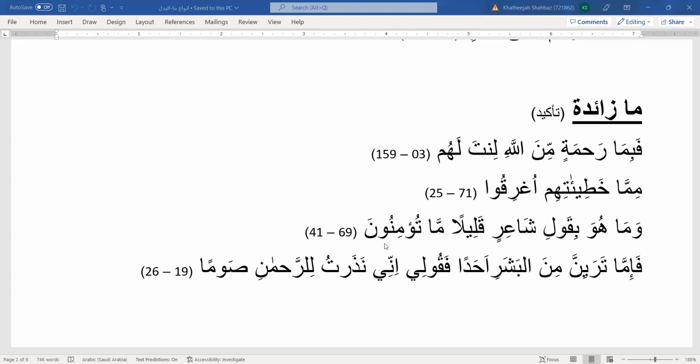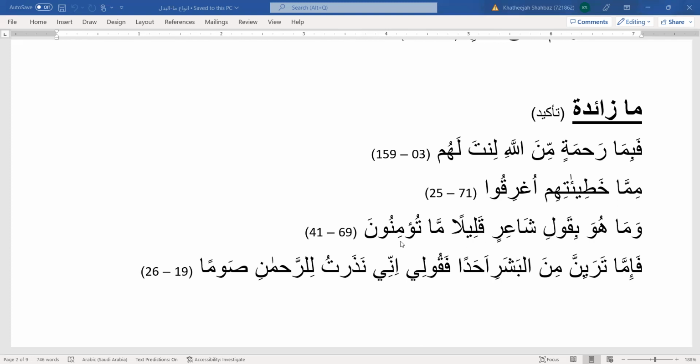Qalilan ma tu'minun. Little is what you believe, if we translate as regular. But actually when ma zaida comes with an ism nakira, it makes it more nakira. So qalil means little. And qalilan ma, how little? Even more little than little.